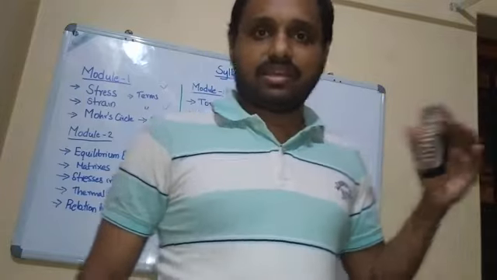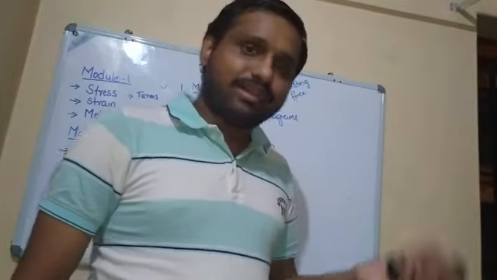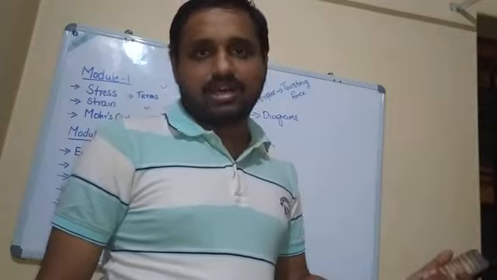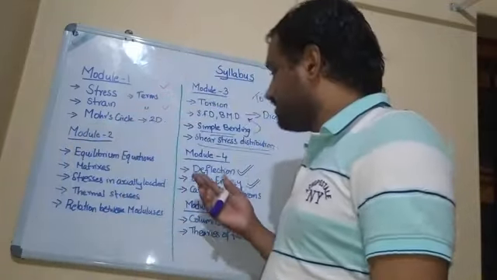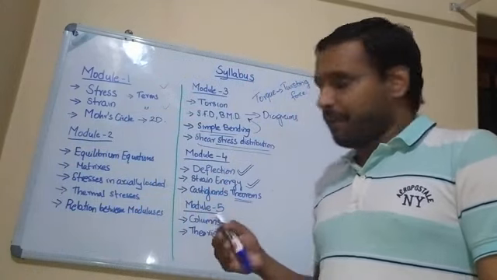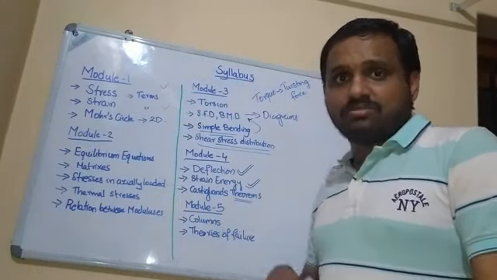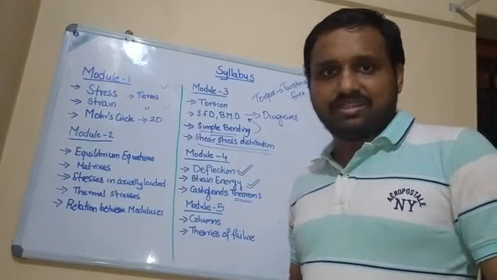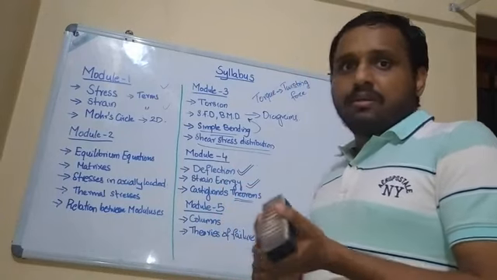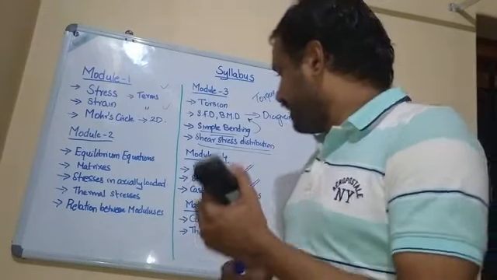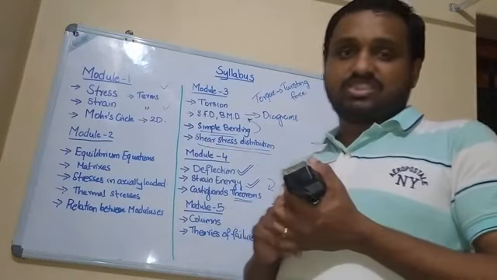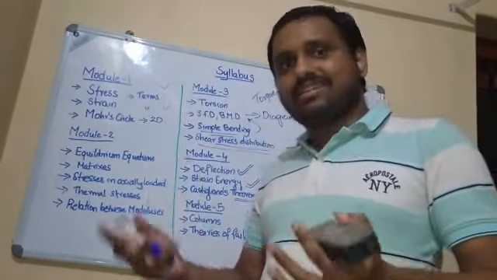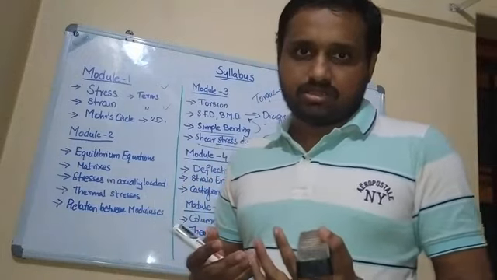This was a topic discussed in advanced mechanics of solids for last year students, but here you need to learn this in mechanics of solids itself. Castigliano's theorem problems are very simple, but interesting. Based on strain energy, there is a theorem suggested by Castigliano, and that theorem has to be known.